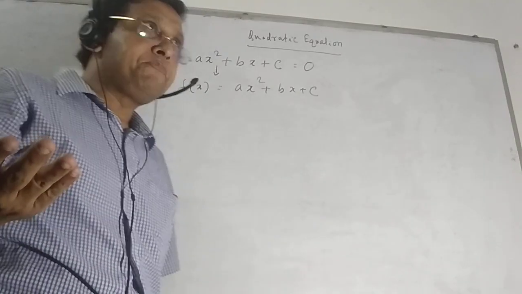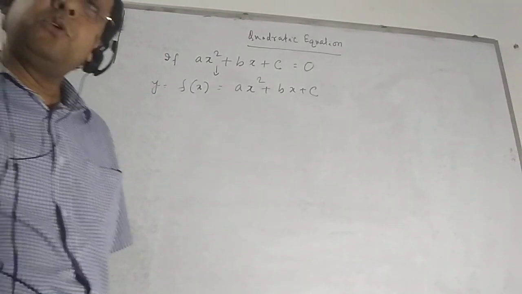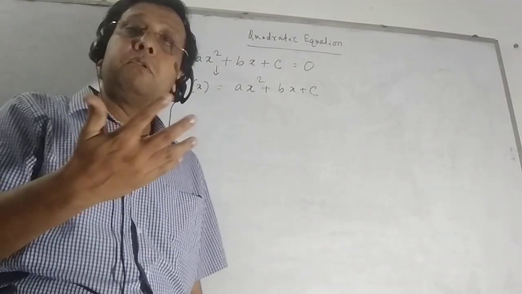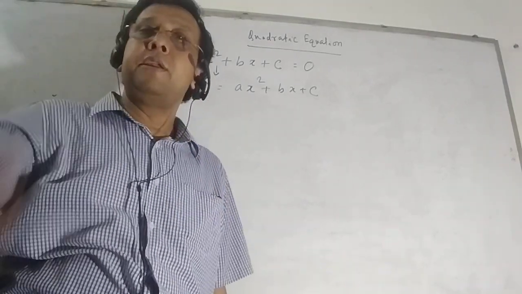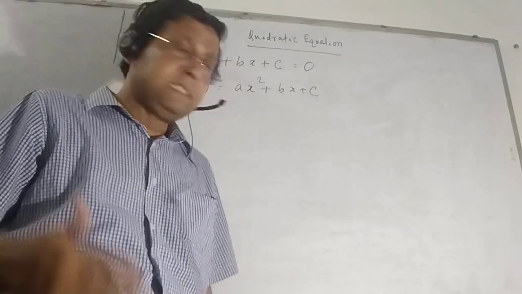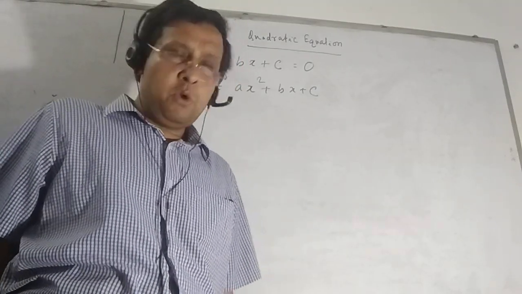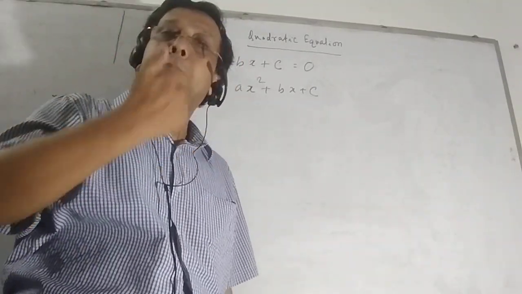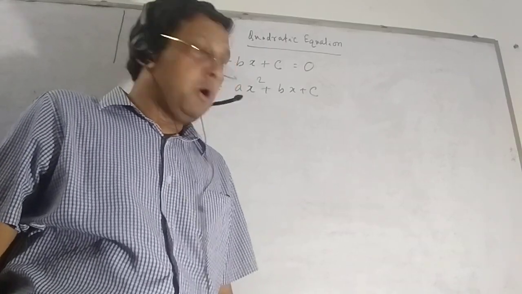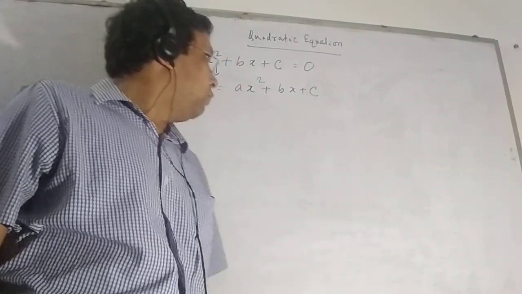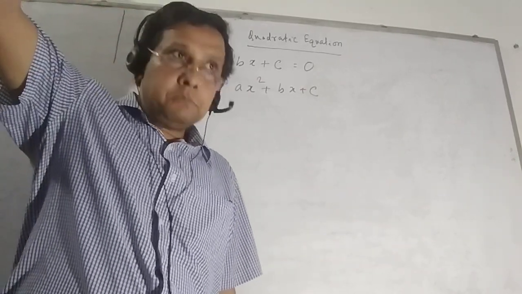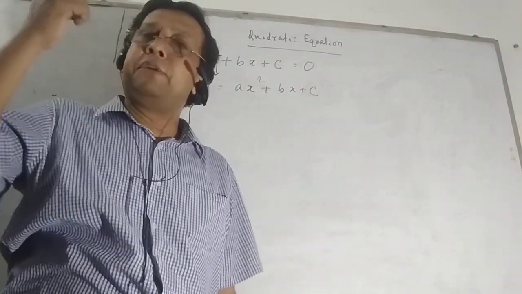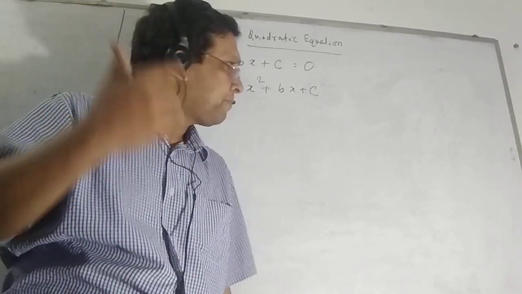In class 10, children, you have also drawn a straight line. From a straight line equation, you have drawn a straight line on graph paper. Similarly, any function we can also draw on graph paper. Now, while you are drawing the graph, it has a different structure, a different shape.